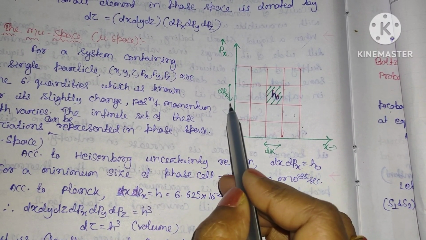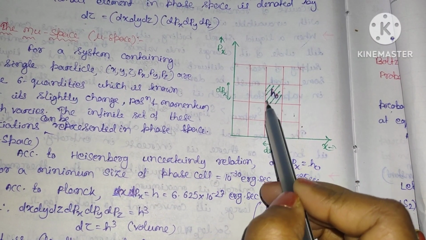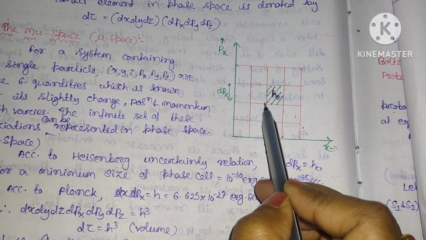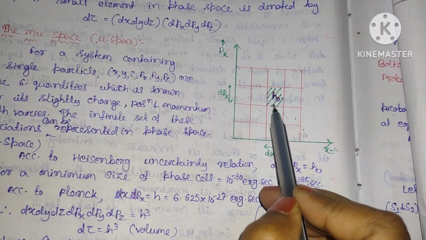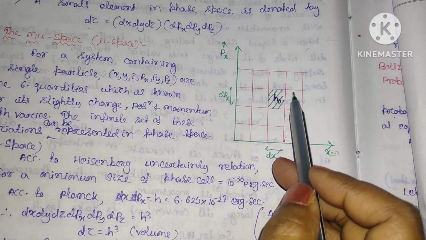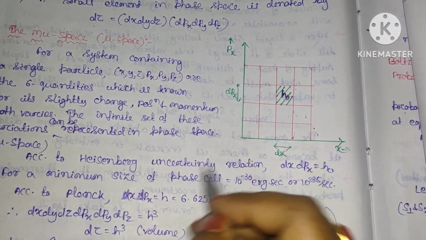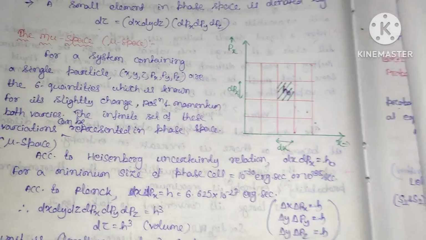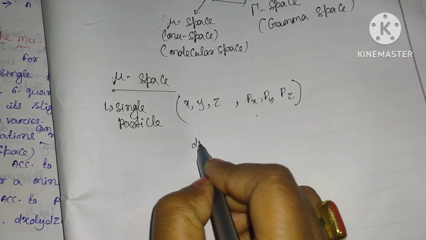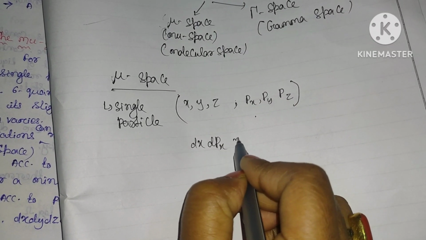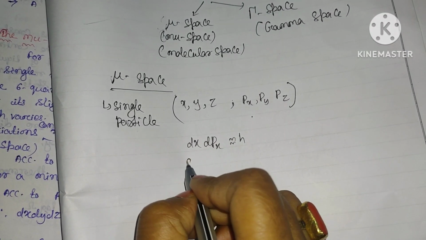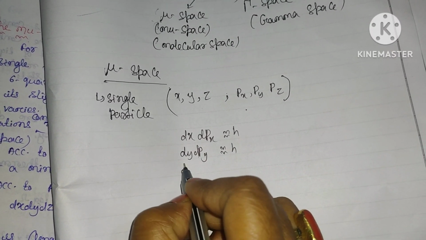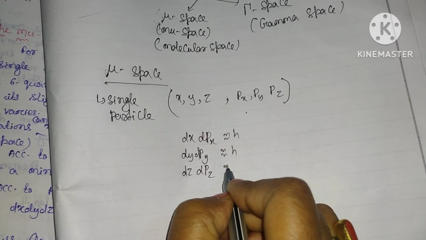So the area of a cell is dx into dpx. From the Heisenberg uncertainty principle, we know dx into dpx is about Planck's constant h. Similarly dy dpy is about h, and dz dpz is about h.